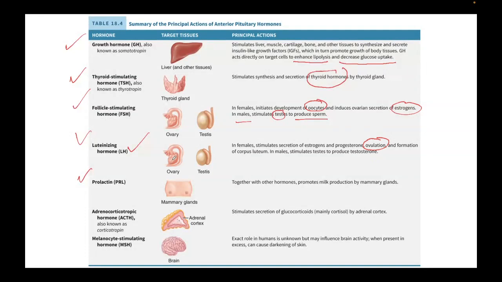So when the egg is produced, somewhere around day 14 of a woman's cycle, if it's a 28-day cycle, somewhere at the midpoint, the egg ovulates. And what that means is that the pressure pushes the egg out of the ovary and scoops it up into the fallopian tube.